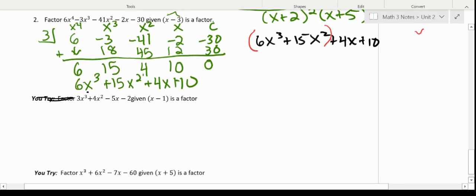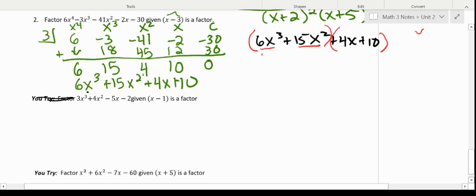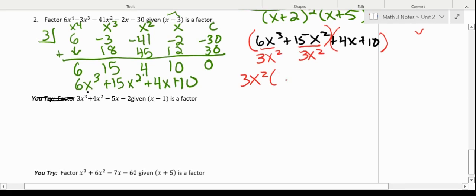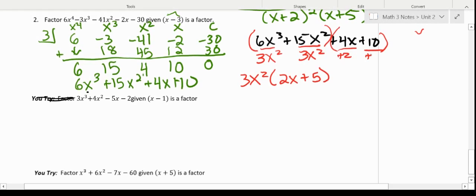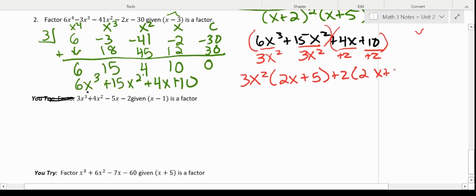I do have 4 terms. And it looks like we could do grouping. So this is 3x squared times 2x plus 5. This I can pull out a 2, 2 times 2x plus 5.